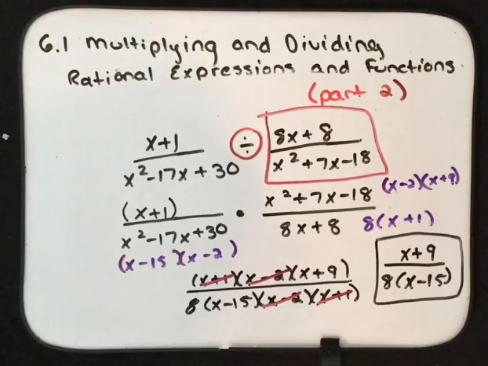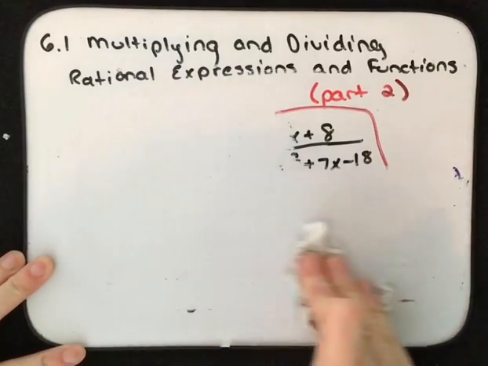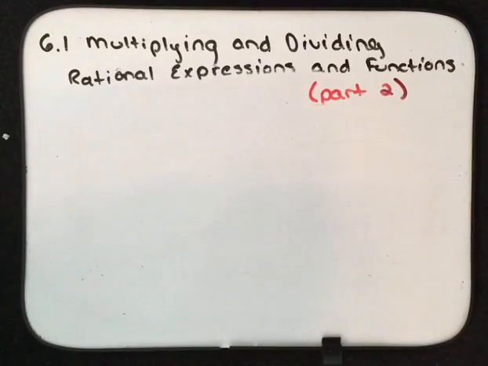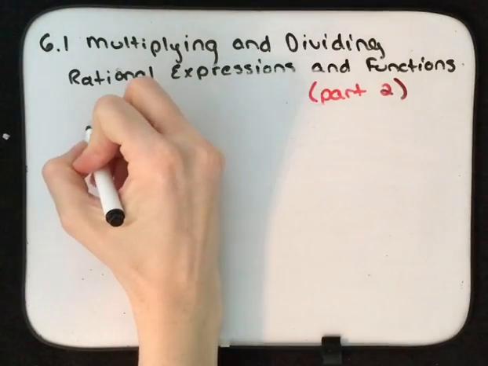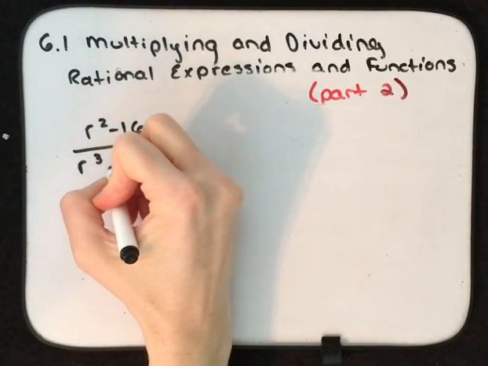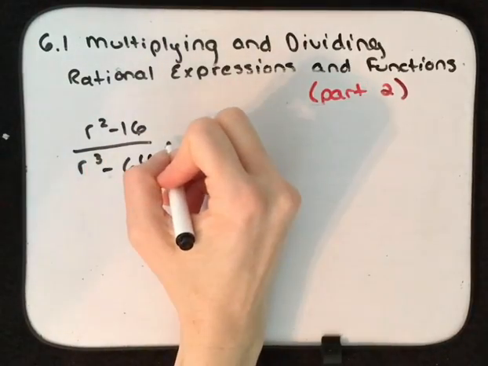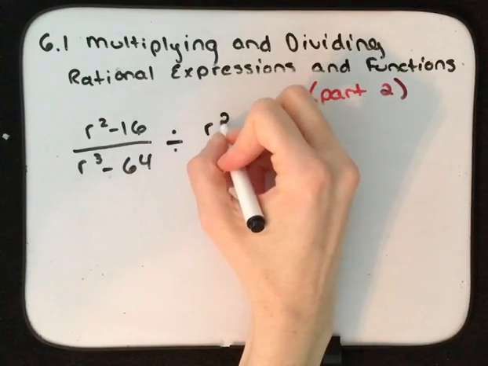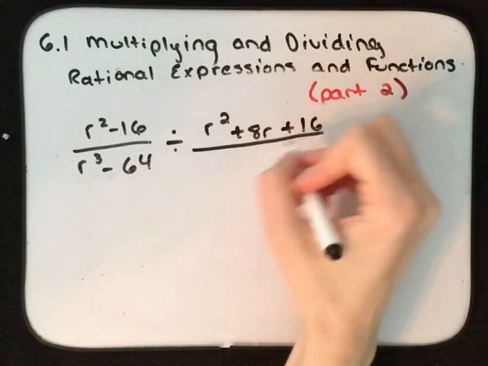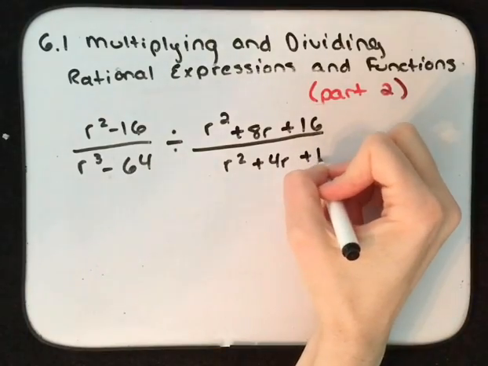Let's try again. We have r squared minus 16 over r cubed minus 64 divided by r squared plus 8r plus 16 all over r squared plus 4r plus 16.